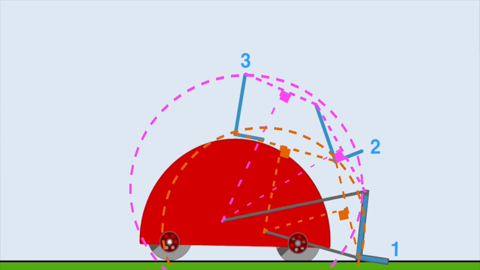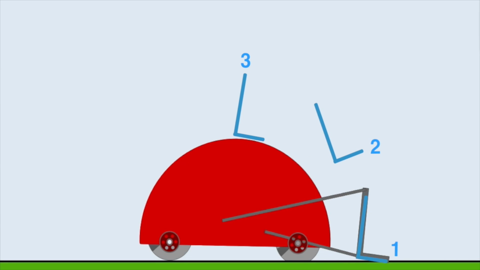So now if we create links that connect to these pivot points, the first pivot point from the green circle to point A, and then the pivot point which we found with the purple circle to point B on the pickup mechanism, that pickup mechanism will now rotate through these 3 positions.